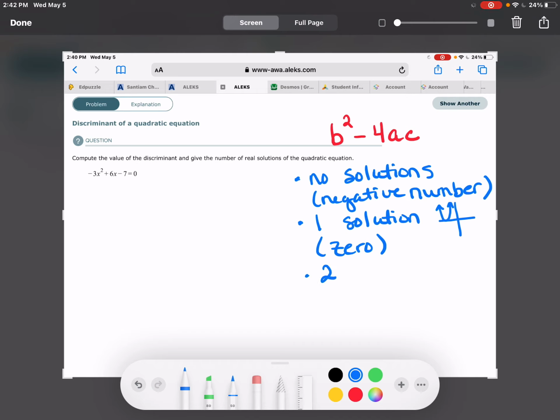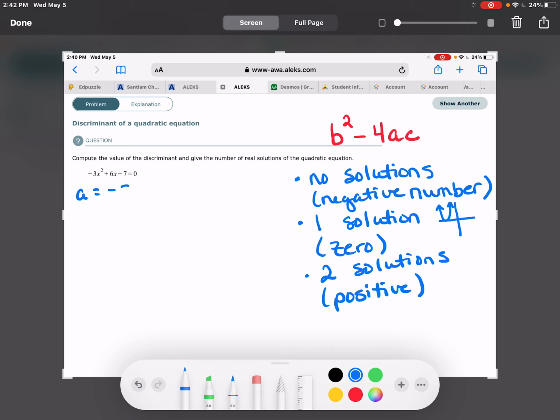Or we might know that we're going to get two solutions, and that is if we get any positive number. If we get any positive number, we're going to have to solve that plus or minus, and then we will get two answers.